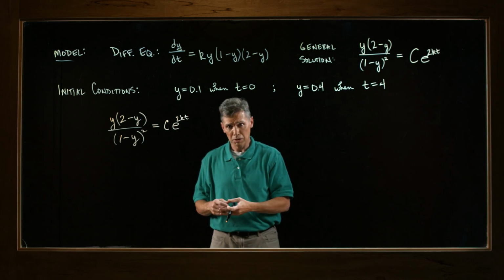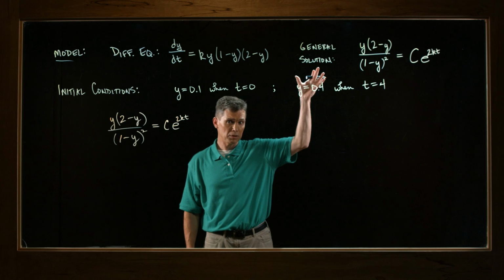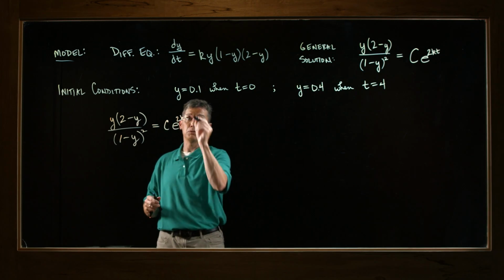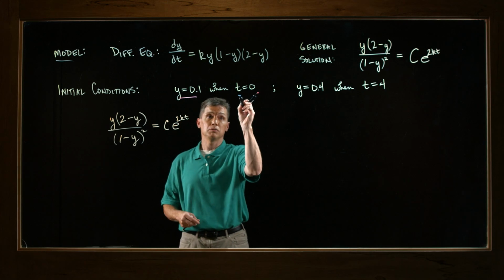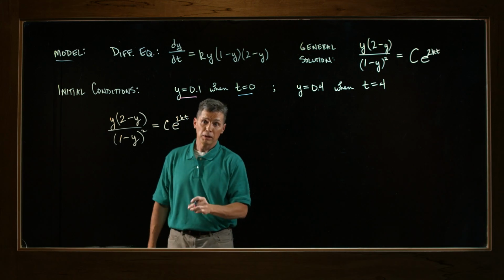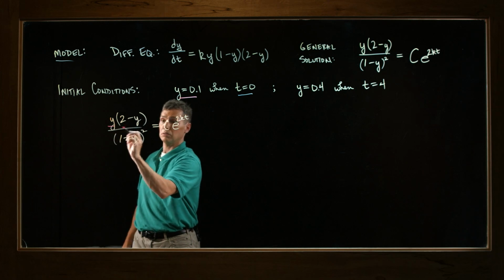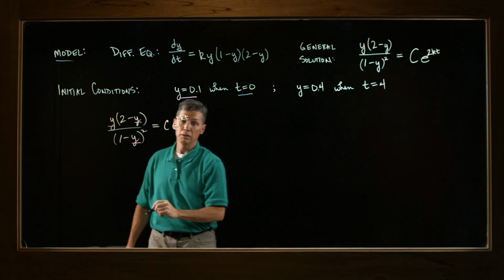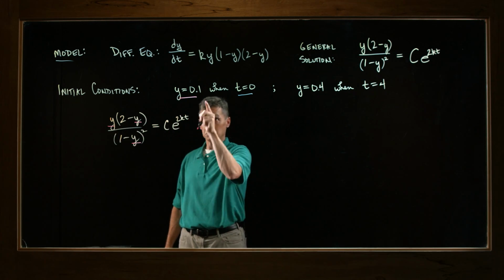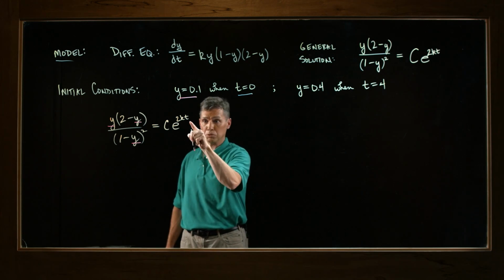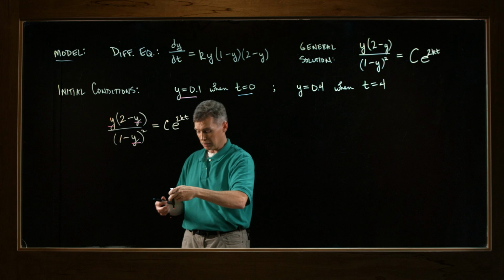We've done a lot of these initial condition problems where we're grabbing the general solution, and now I'm looking to plug in my specific values for y and for t. I'll use my color coding here because there are several occurrences of y. In each of those places, make sure you put the 0.1. And the t of 0, we'll just put once right there.